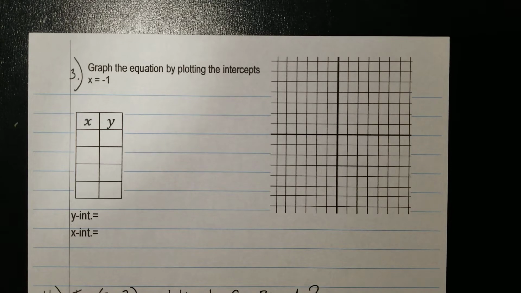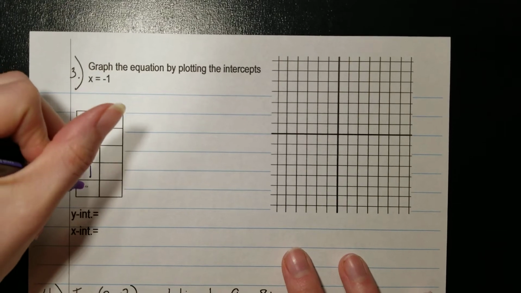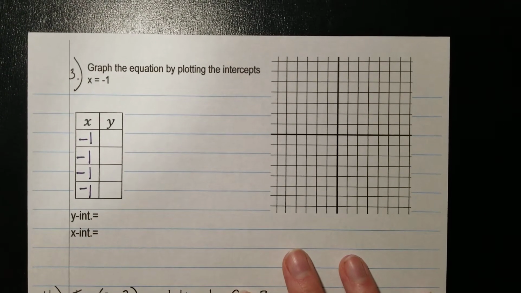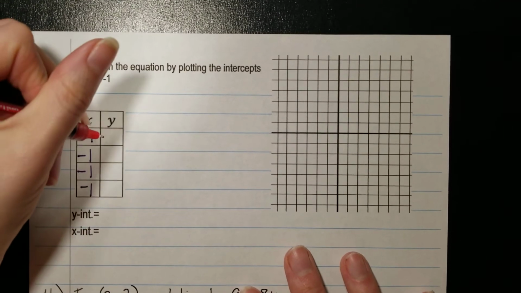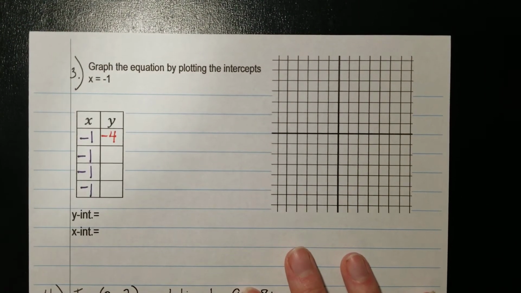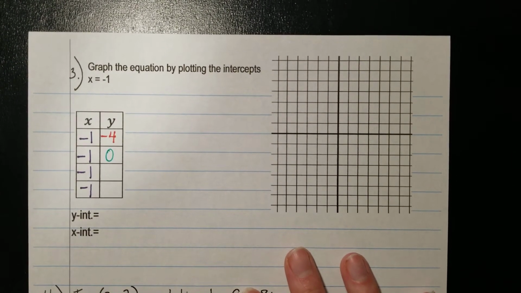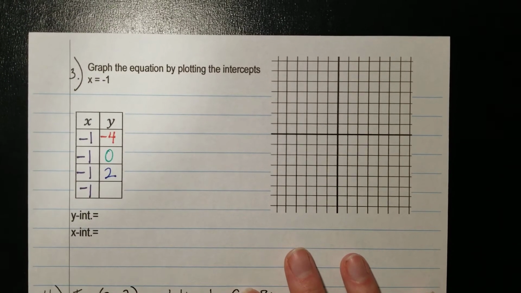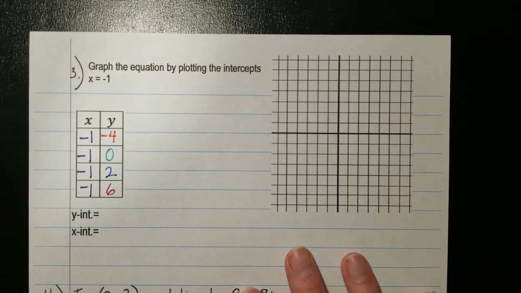So in this case, the equation is x equals -1. So that means that I'm just going to put -1 in for all of my x values. So x is always -1. And then I can just pick whatever numbers I want for the y. So I think I'm going to go with -4, 0, 2, and 6. Okay, I just picked randomly those numbers.